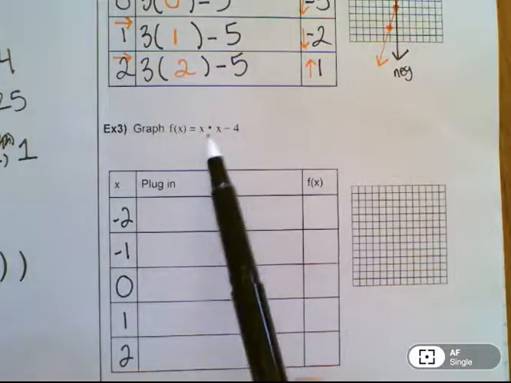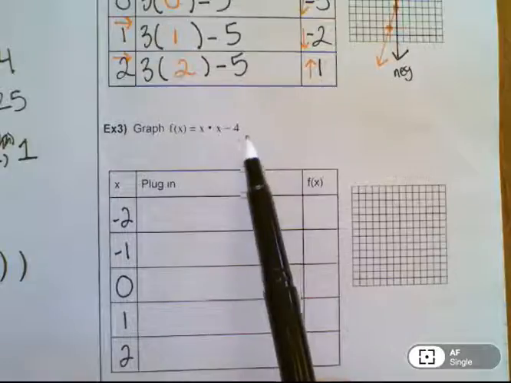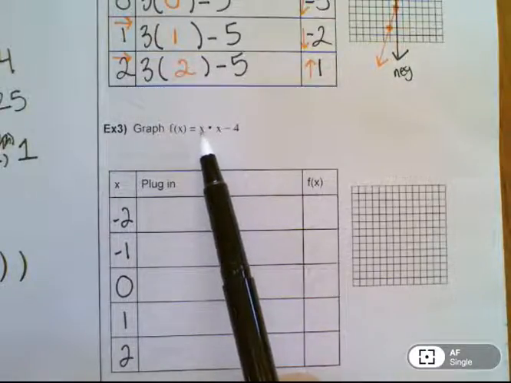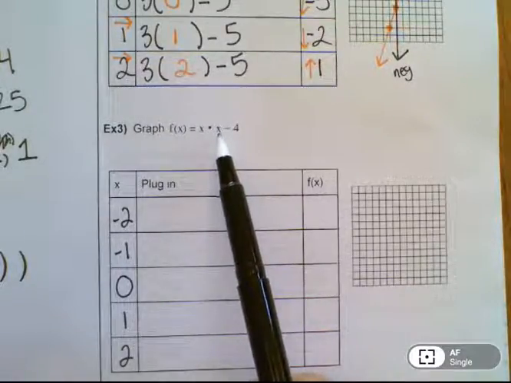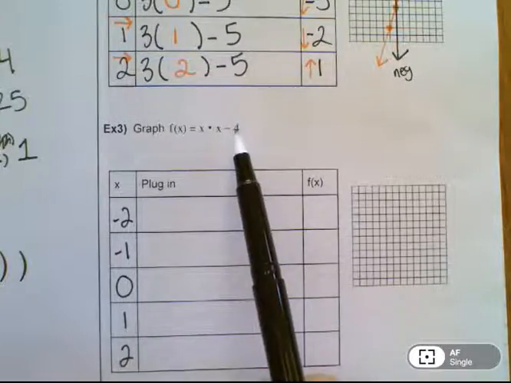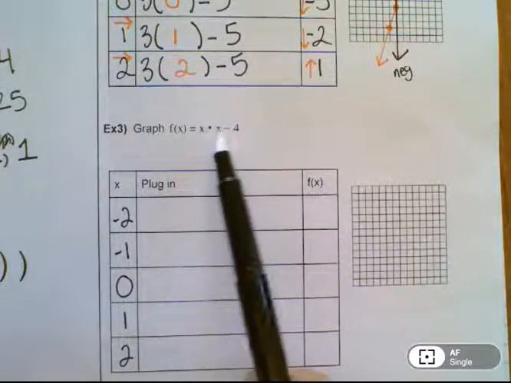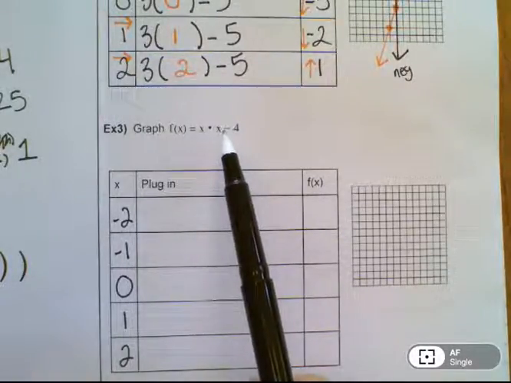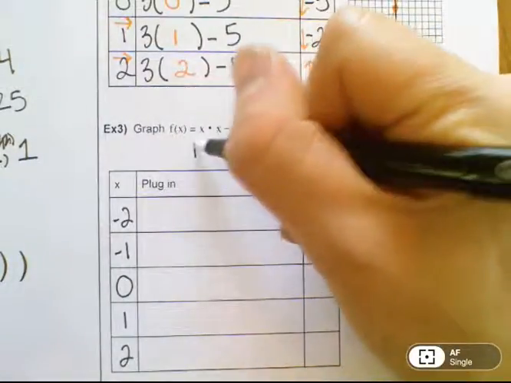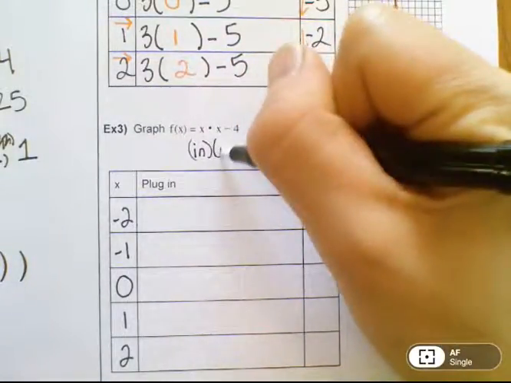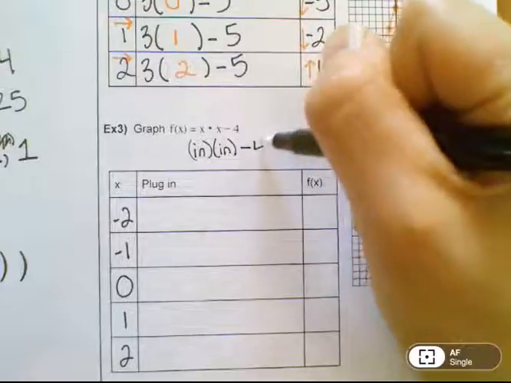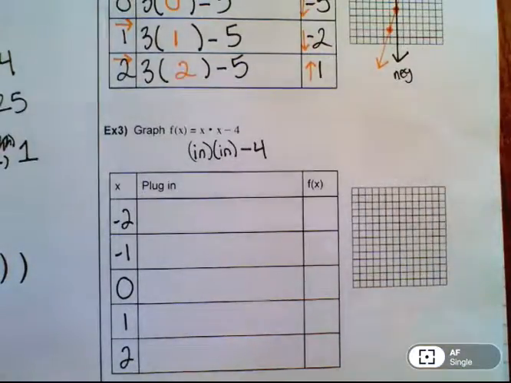So our next step is to plug everything in. This function rule is x times itself minus 4. So you're going to have the same number in both of these spots, whatever your input is. So another way to think about it is this is the input times the input, take away 4. Okay.